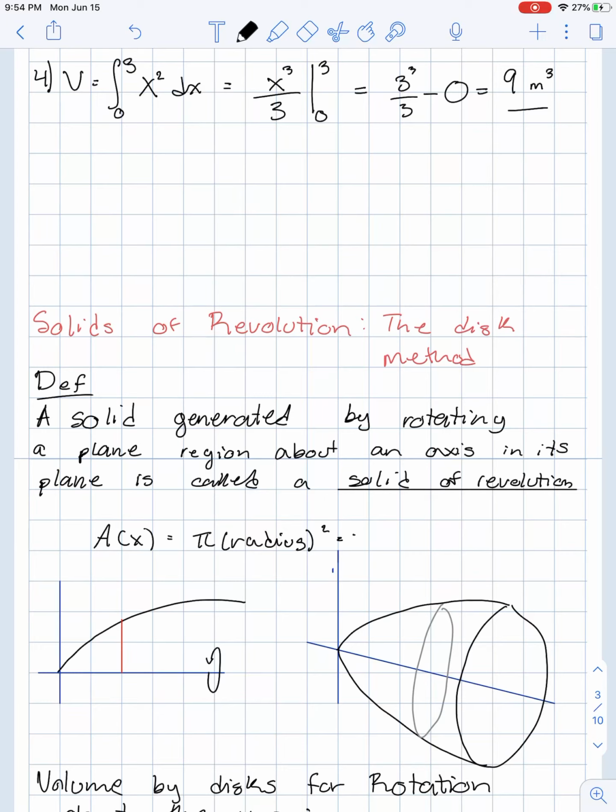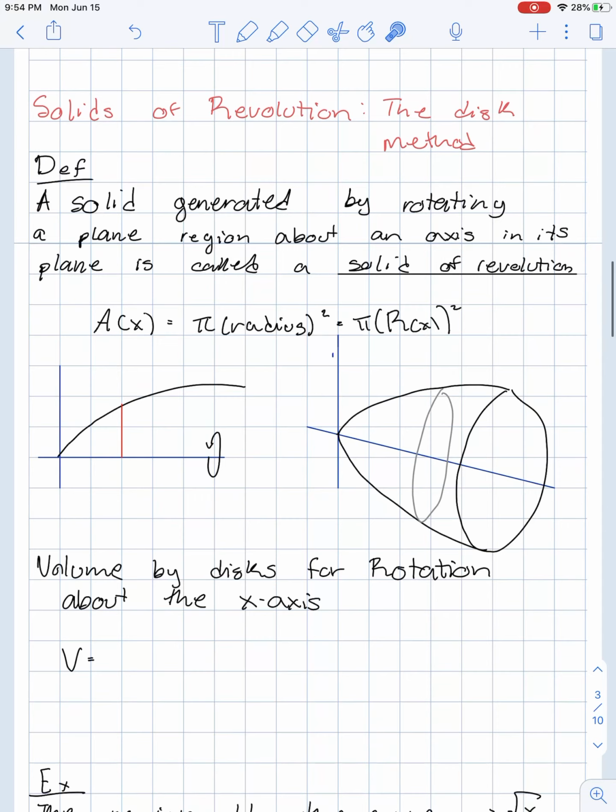So let's call that big R of x, and I'm going to square it. This comes from the area of a circle. So now my cross sections are going to be circles because I'm rotating this little curve around. That makes a circle. I hope that makes sense. So that's why we get pi r squared, where r is some function.